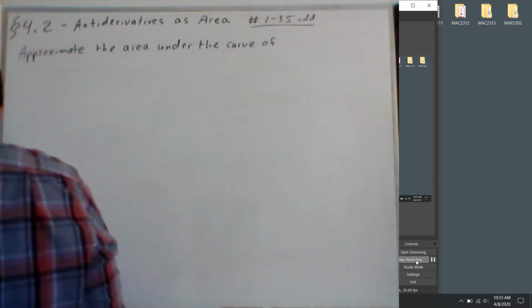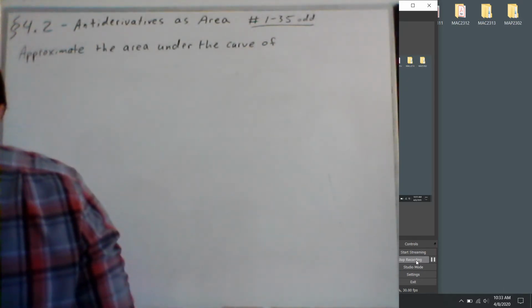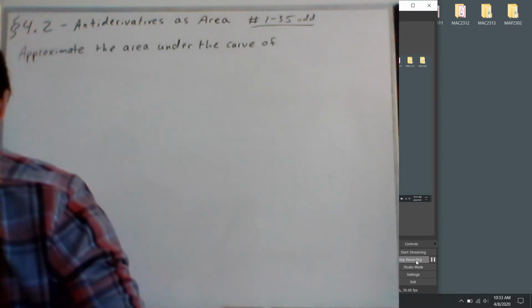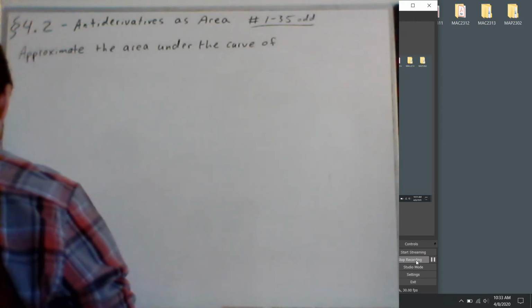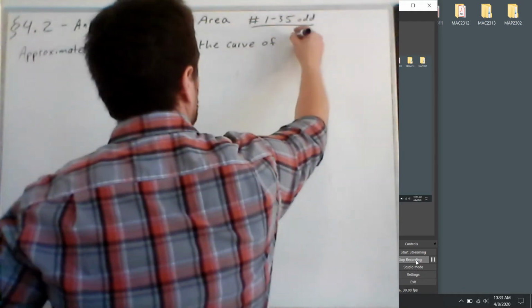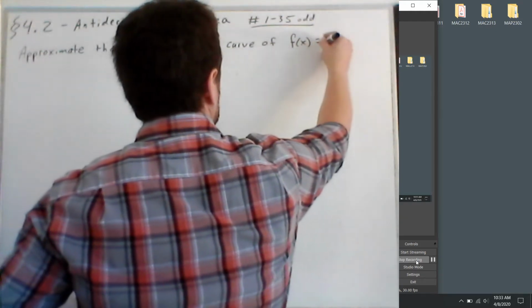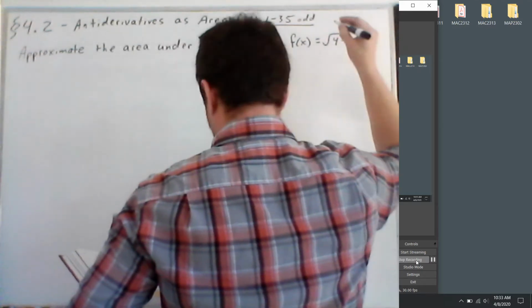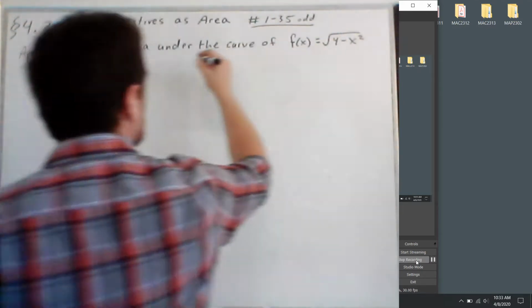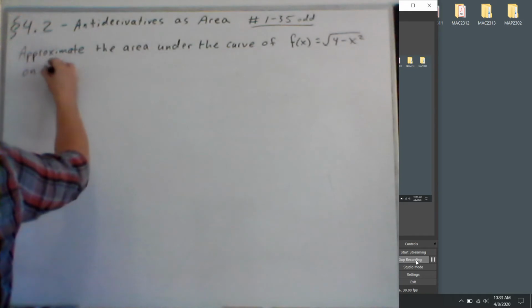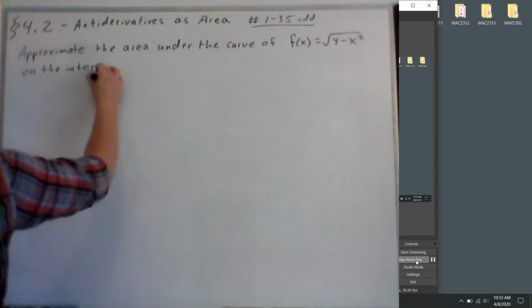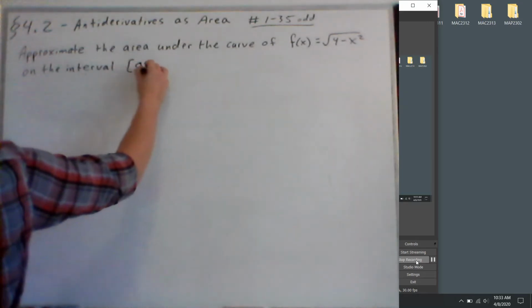And let's pick, I'm trying to think of a fun function here, f of x equals the square root of 4 minus x squared on the interval 0 to 2.